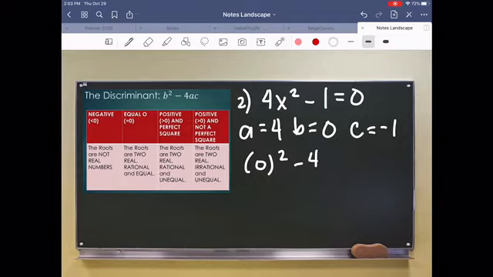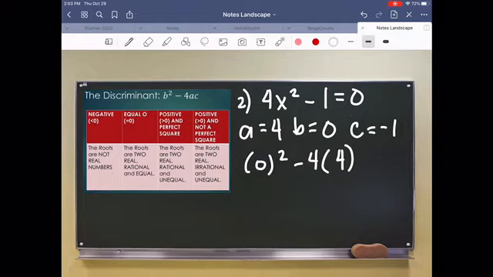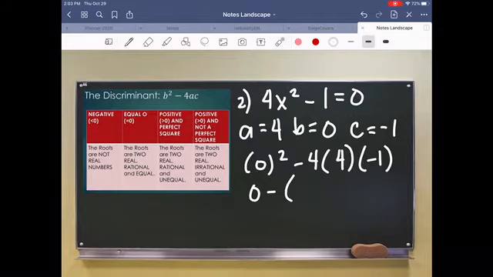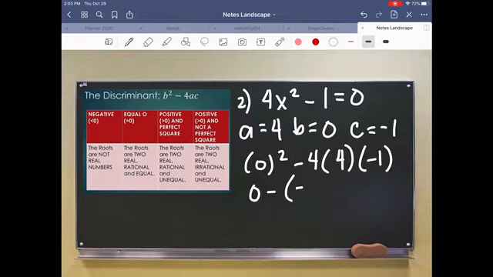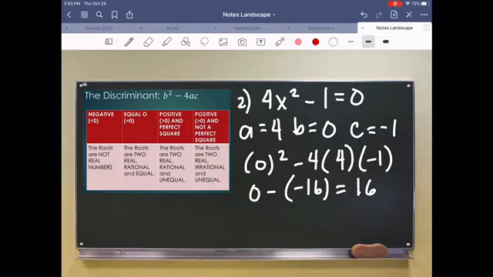So, that is 0 squared, kasi nga b, minus 4 times a, which is 4, and then c, which is negative 1. Okay, so 0 squared is 0, minus 4 times negative 1 is negative 16. So, this becomes 0 plus 16. So, the answer is 16.